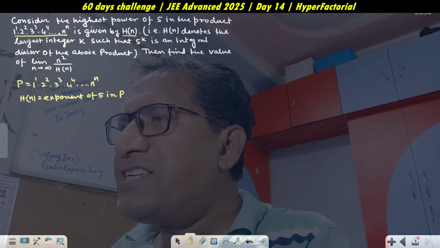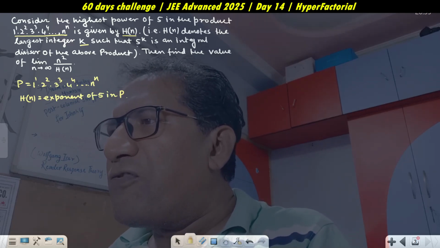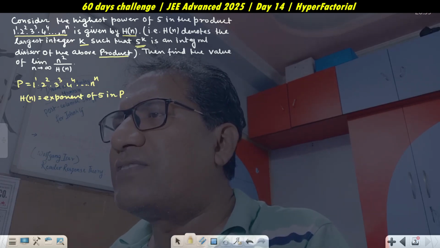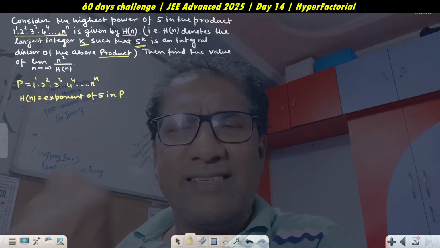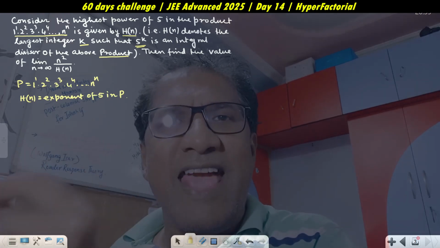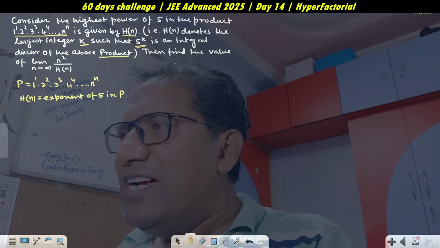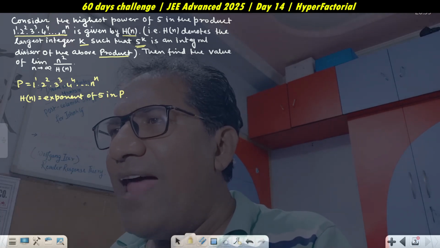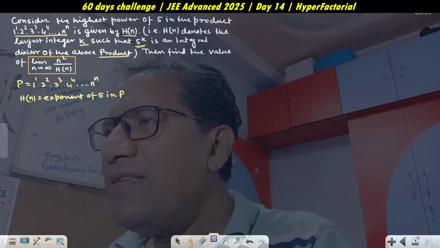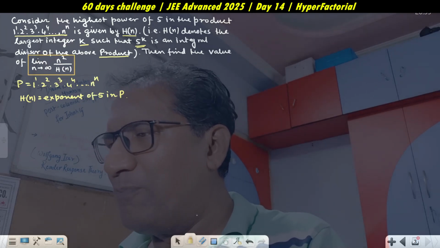That is, Hn denotes the largest integer k such that 5 to the power k is an integral divisor of the above product. That is, k is the maximum value of the exponent of 5. That's exactly what they are saying. Now you have to find out the value of limit n tends to infinity n square by Hn. That's the question. Very interesting sum.